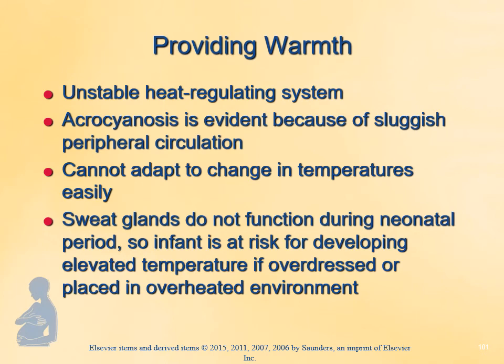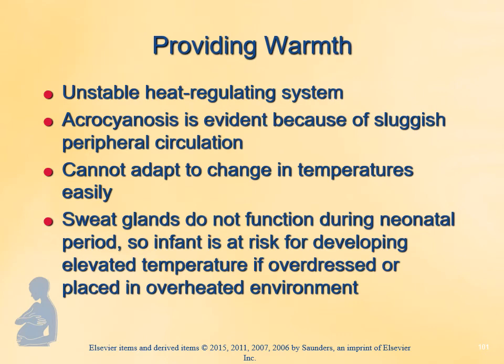Maintaining thermoregulation is really important in babies. They don't have the ability to generate heat on their own. They have very thin skin, and so they tend to lose their heat very quickly. So we need to really prevent them from losing heat by maintaining their warmth. And we do that by drying their wet skin and then keeping them covered with blankets.